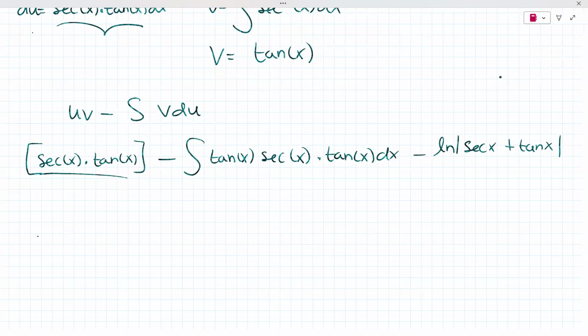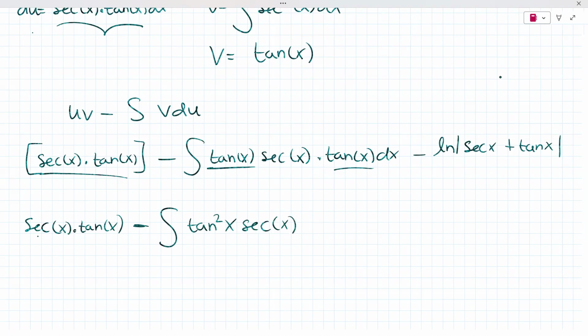So this part right here is just secant of x times tan of x, minus, over here we have a tan of x and a tan of x, which is tan squared of x. And then you have a secant of x dx, minus this thing.